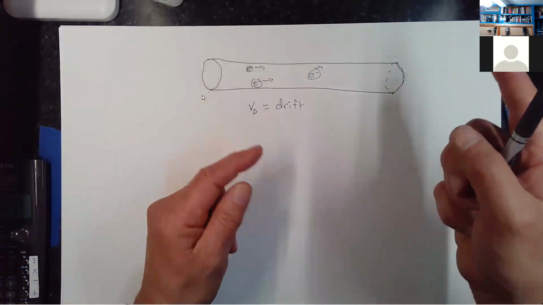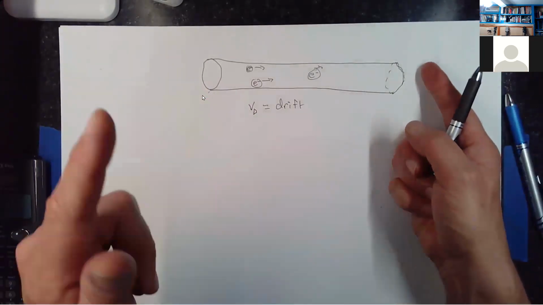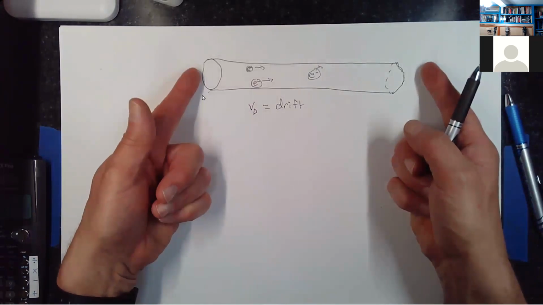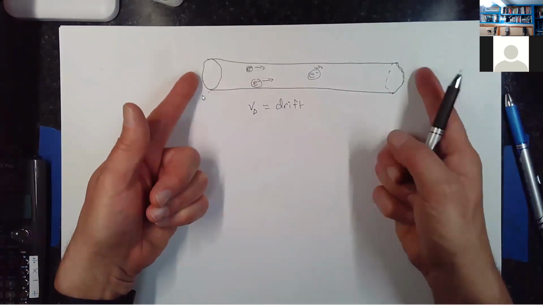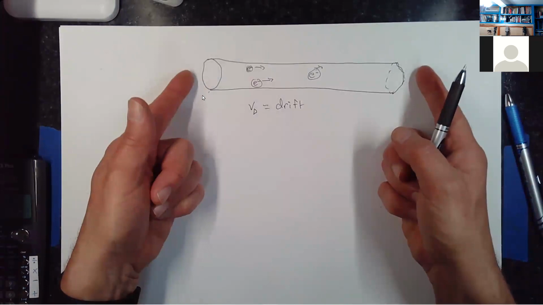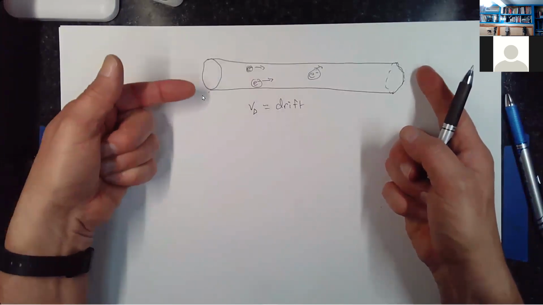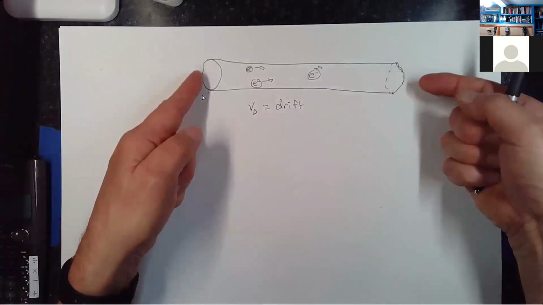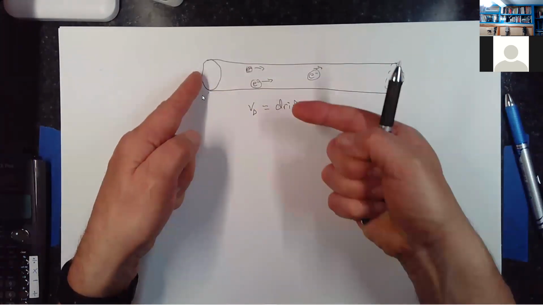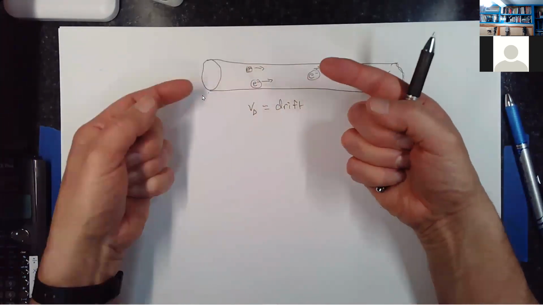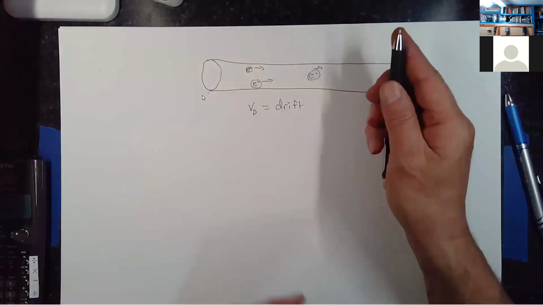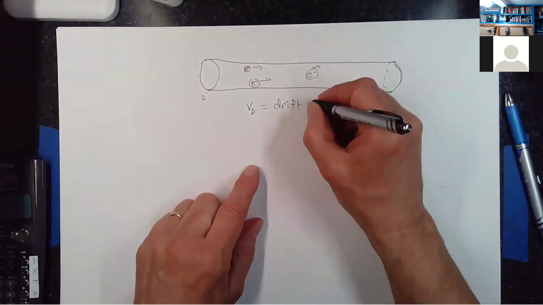You can make a positive potential here and a negative potential here, and that will make an electric field in the wire that points from positive to negative, but electrons go opposite that electric field, and so they'll have a drift velocity in some direction.